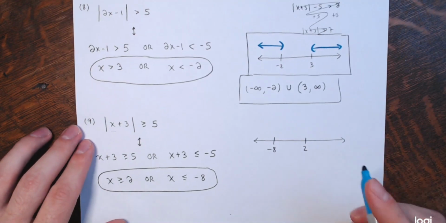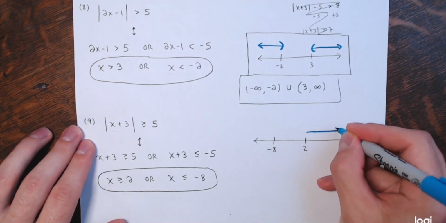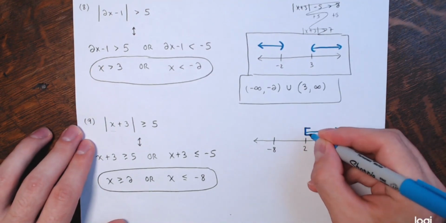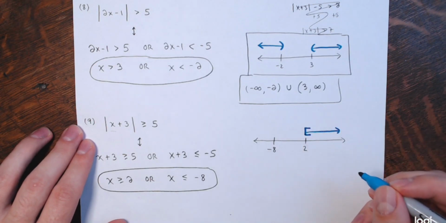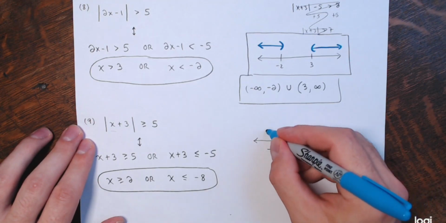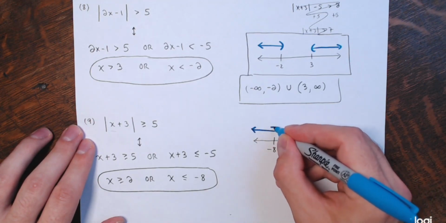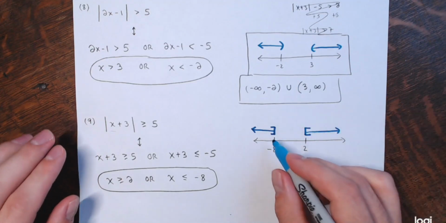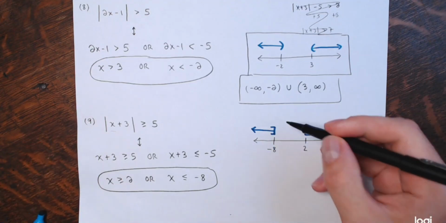The numbers greater than or equal to 2 are solutions, so to the right of 2 and equal to 2, so I got a bracket on 2 or a closed point to indicate that 2 is a solution. All the numbers less than -8, including -8, right? And bracket on -8, those are solutions as well.